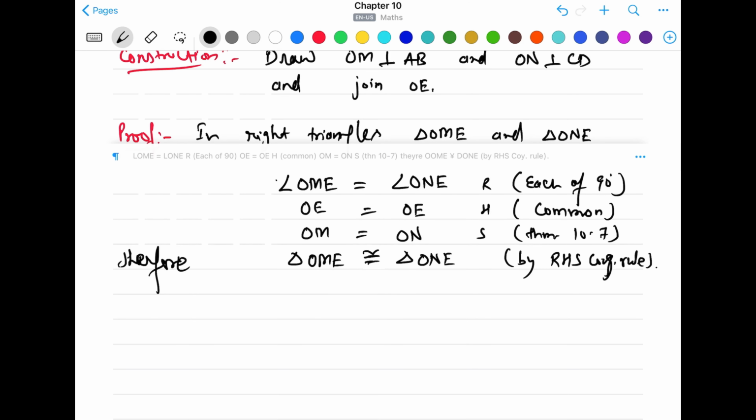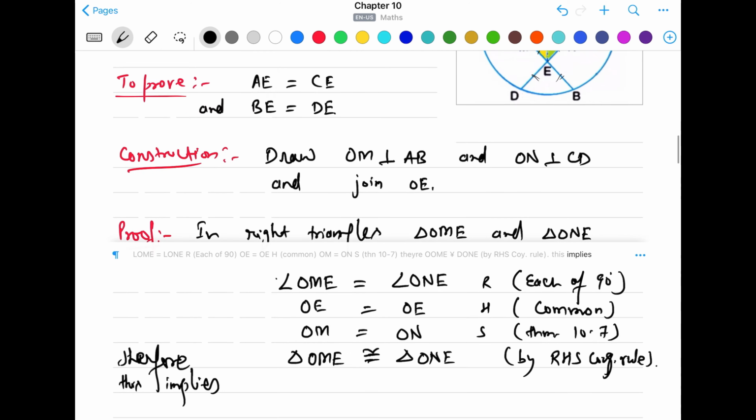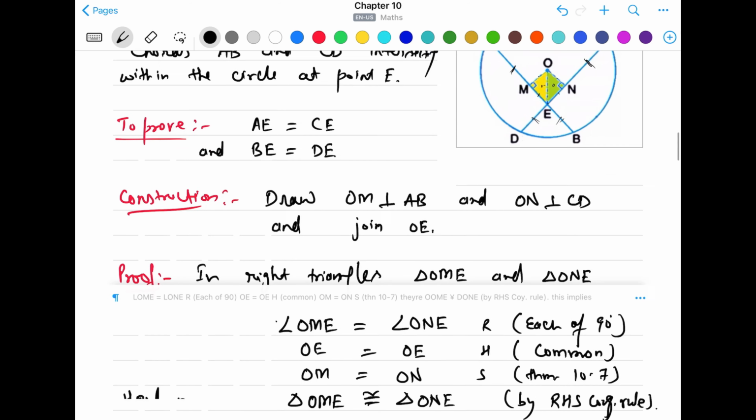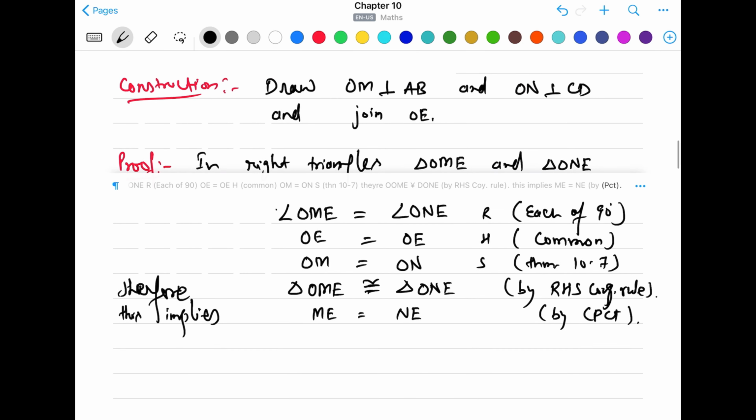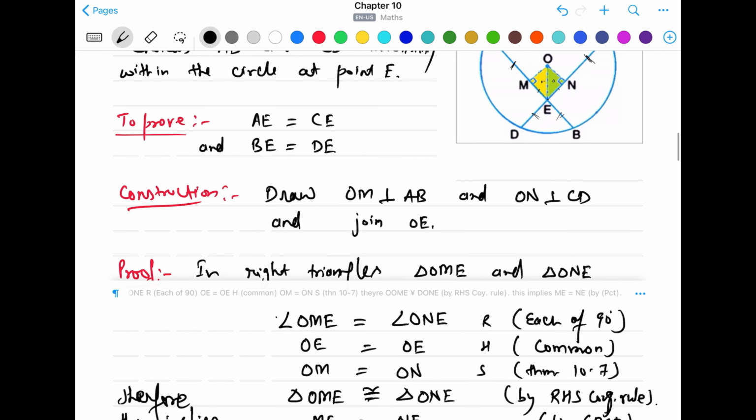This implies that these two parts ME and NE are equal. ME is equal to NE. This is by CPCT. Okay, so from here what we got is that these two parts are equal.